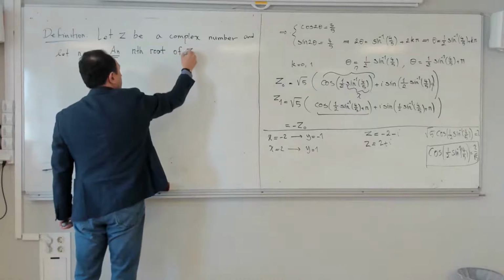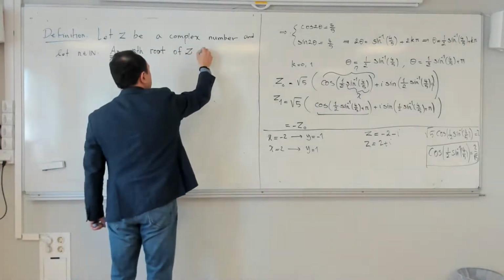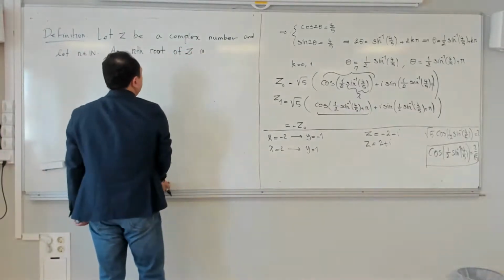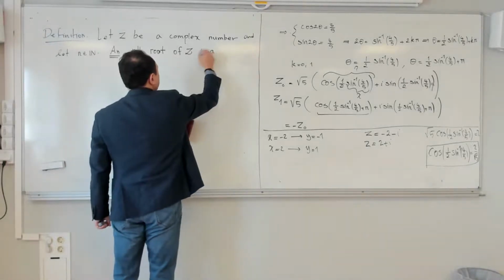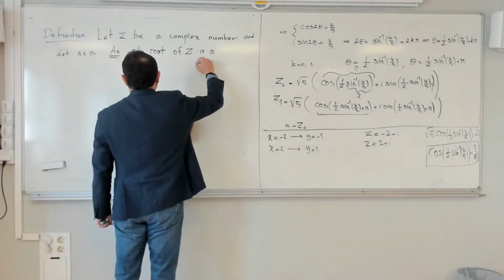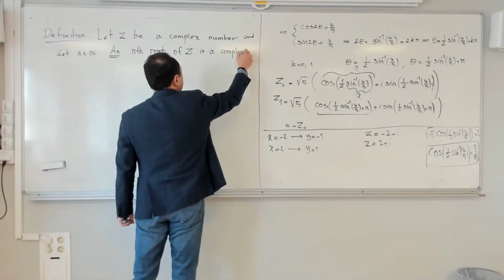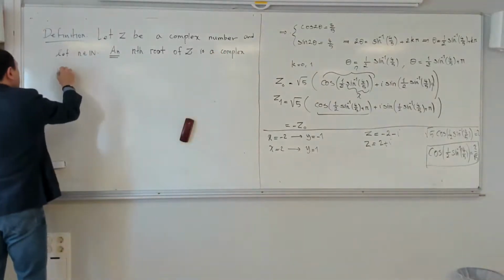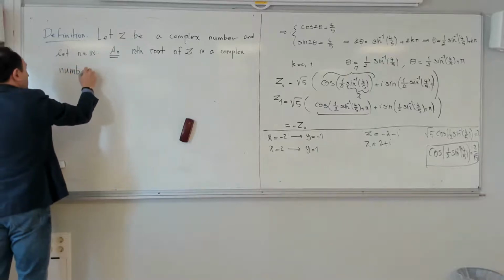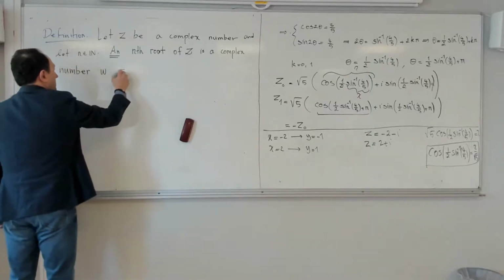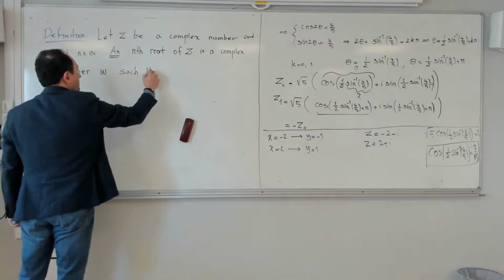An nth root of Z is a complex number W such that... okay, can you complete it for me?